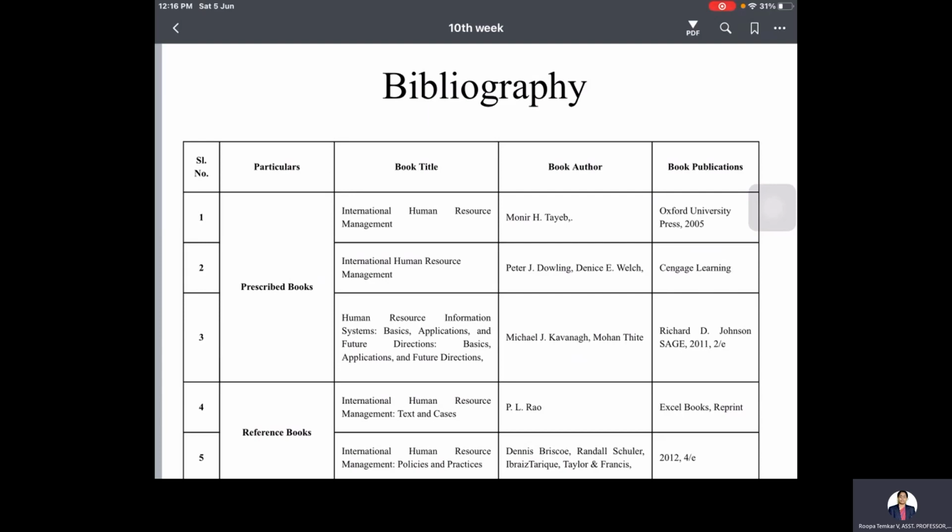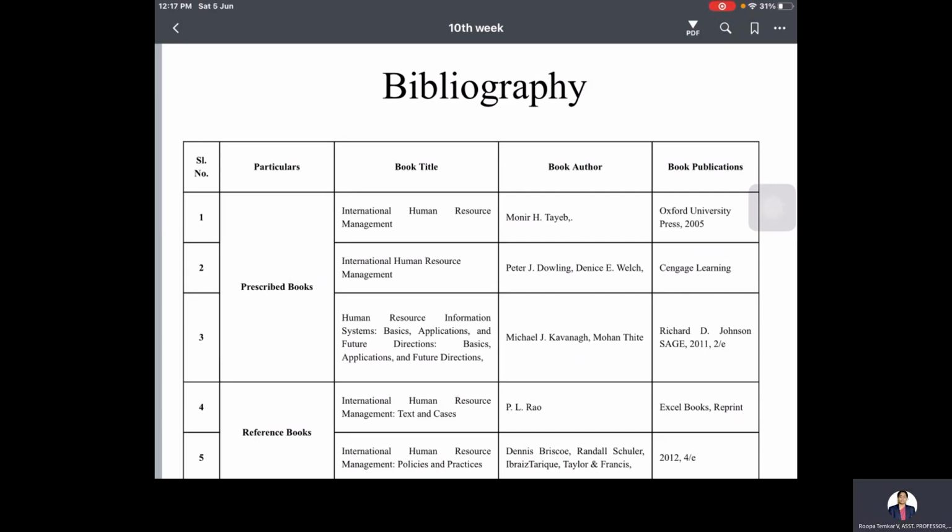So these concepts will help us to understand the IHRM practices across the globe in different subsidiaries, in different MNCs. So we get a lot of information, which helps in framing the policies and procedures and HR practices.